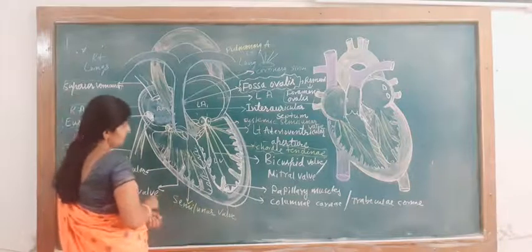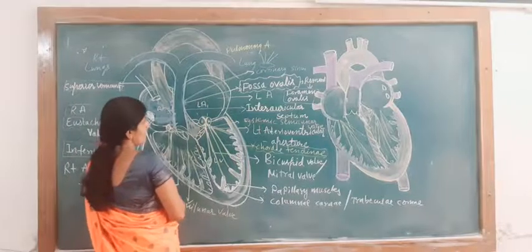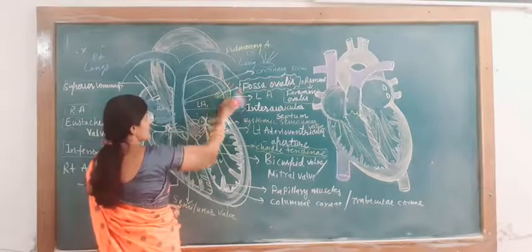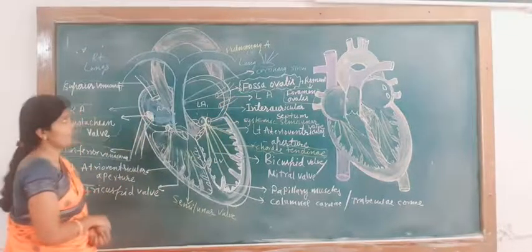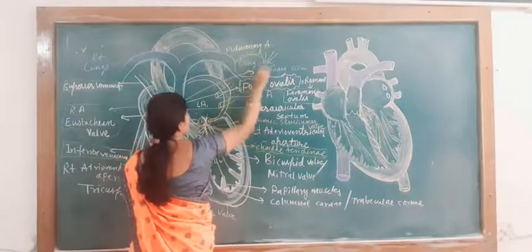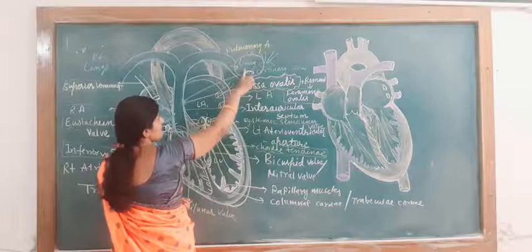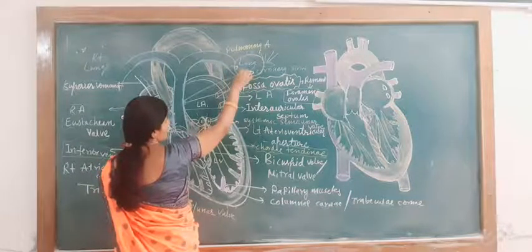And the blood which is coming to this chamber is the oxygenated blood. From where is it coming? It is coming from the lungs. Towards the lungs, which kind of blood is going? That is deoxygenated. The lungs purify that blood, and deoxygenated blood is converted into oxygenated blood.